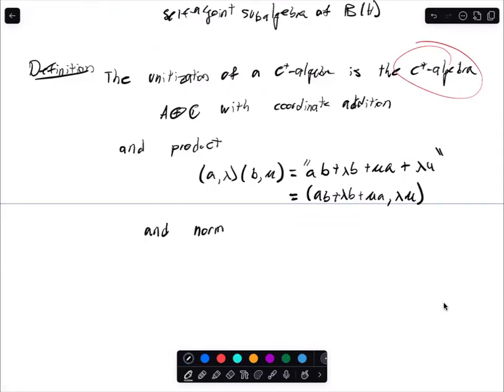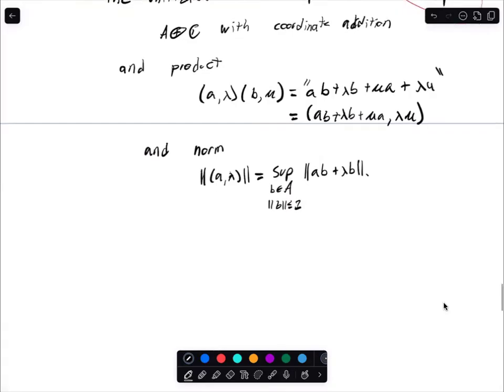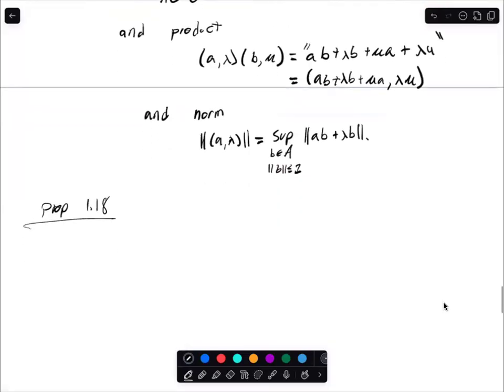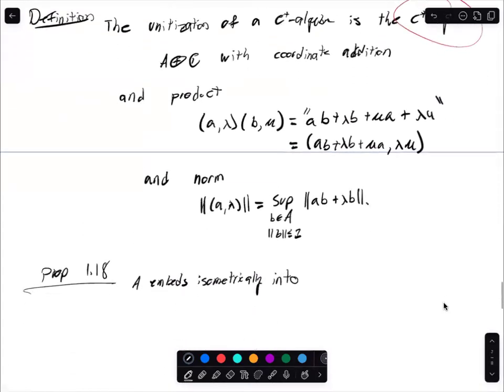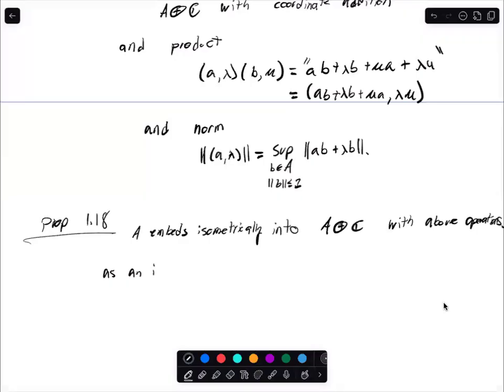The norm of (A, lambda) is given by the supremum over elements B in A bounded by 1 of the norm of AB plus lambda B. Proposition 1.18 from the course notes tells us that A embeds isometrically into the direct sum with C with the above operations, as an ideal of codimension 1.